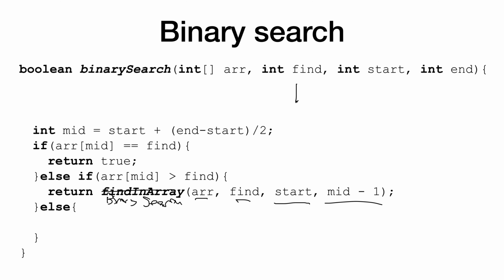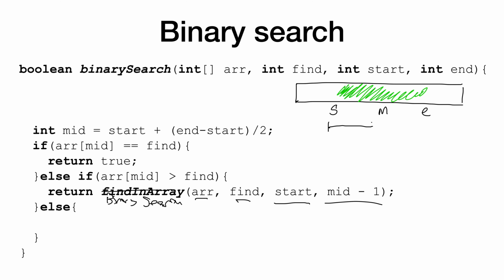So remember, we have this array, and we have some range we're searching over. And we have start and end and mid, right? So we either need to search this guy or this guy. And remember, we never need to search mid because we've already checked its value. So if mid was bigger, then we're going to check this first side, which goes from start to mid minus 1.